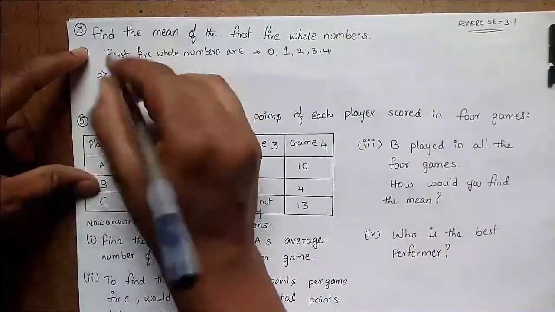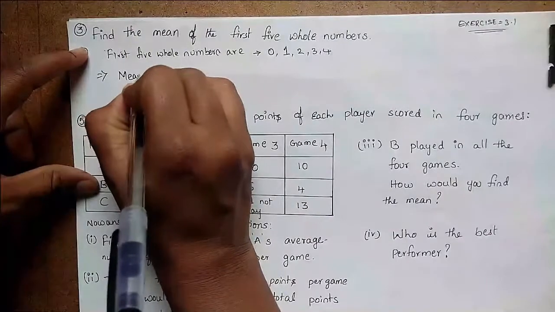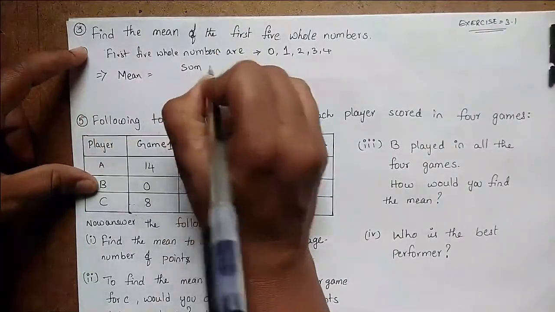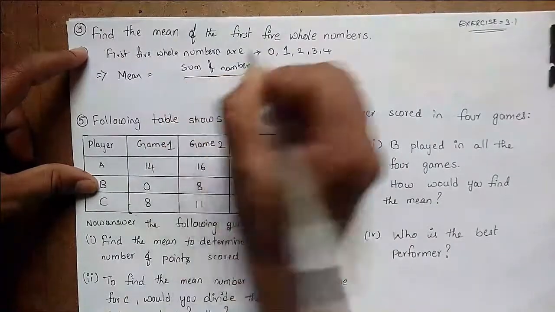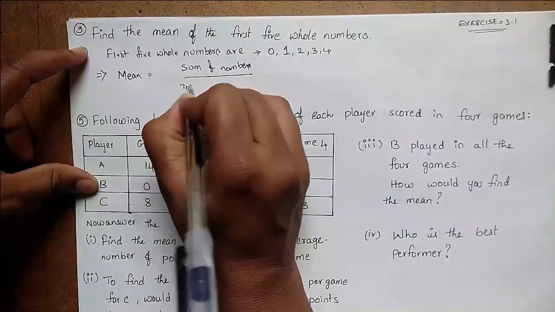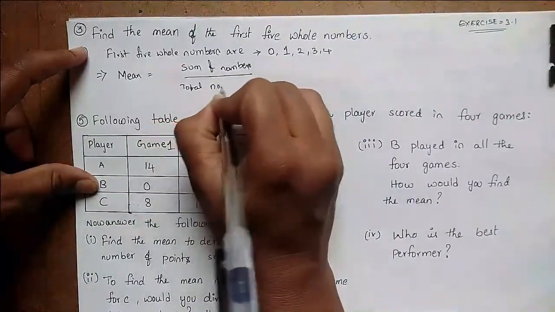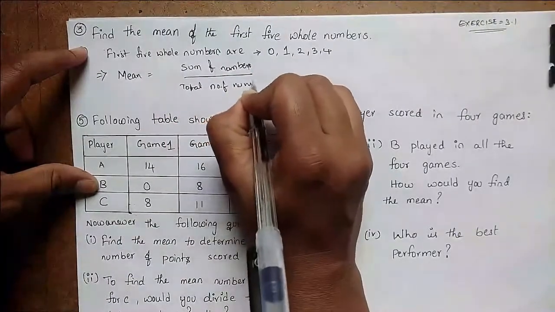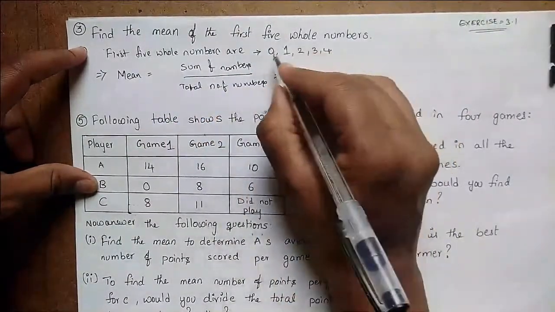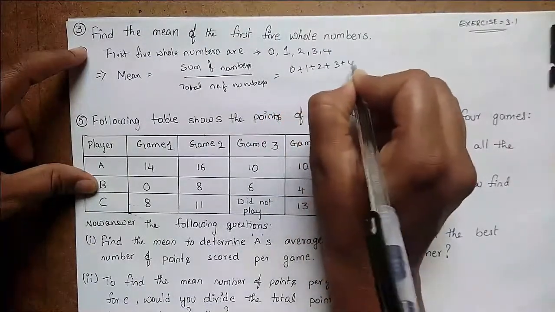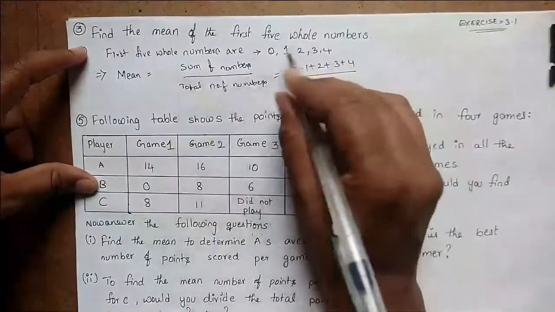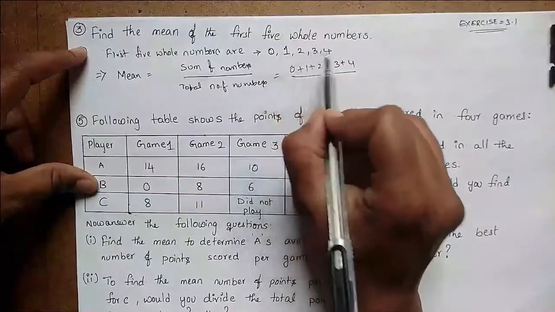So now let's move on to the mean. Mean is the sum of numbers divided by the total number of numbers. How many numbers are there? 0 plus 1 plus 2 plus 3 plus 4 divided by the total number of numbers, 1, 2, 3, 4, 5.